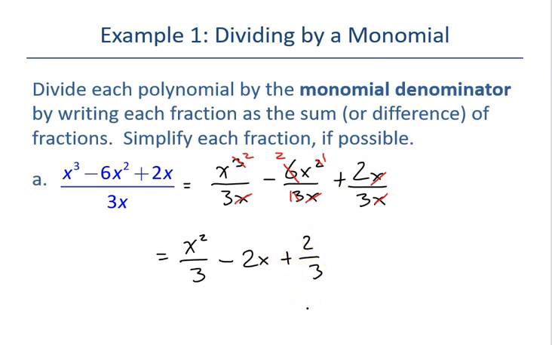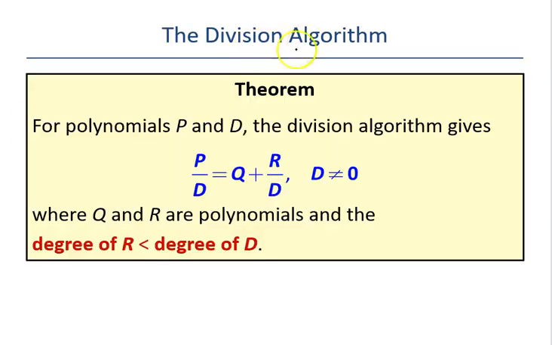So notice we've taken something that's a division statement and turned it into sort of a quadratic. I would personally want to get rid of the fractions, so you can multiply everything here by 3, and then that would look a lot nicer.